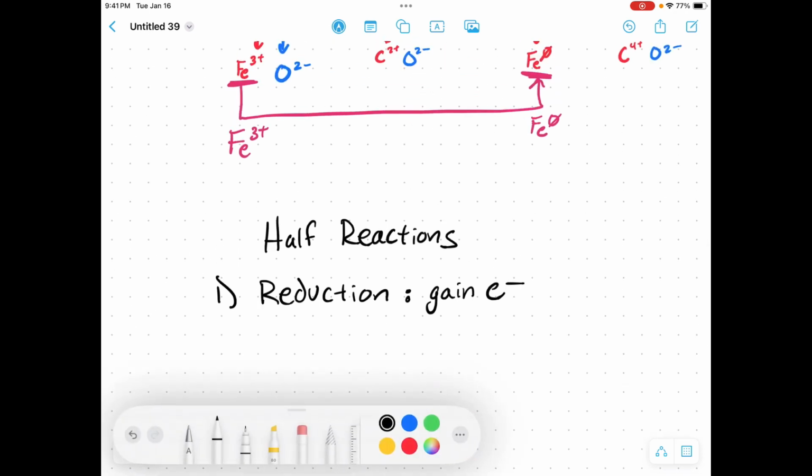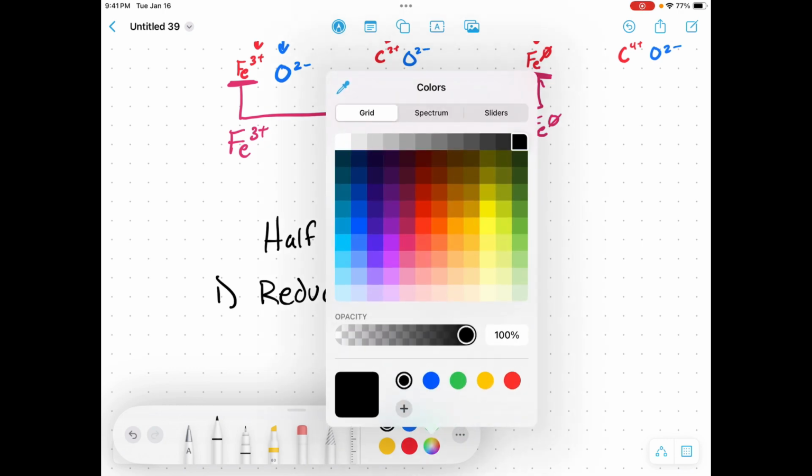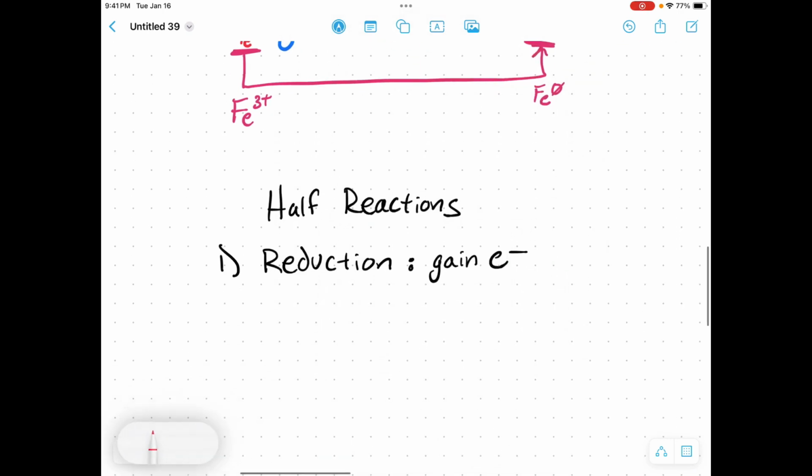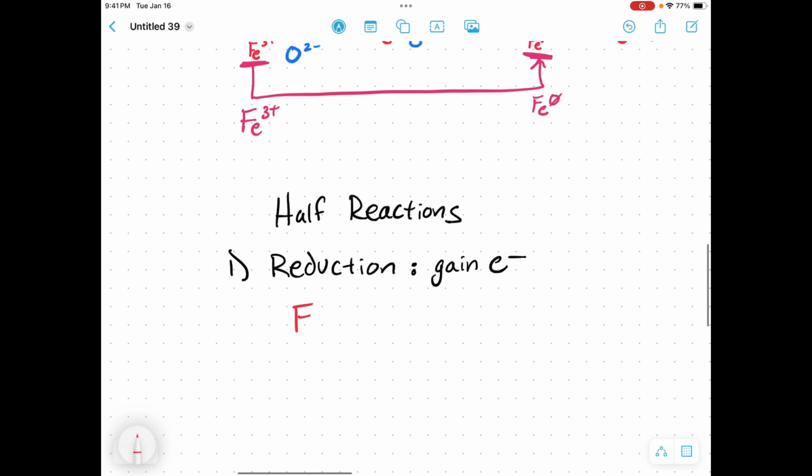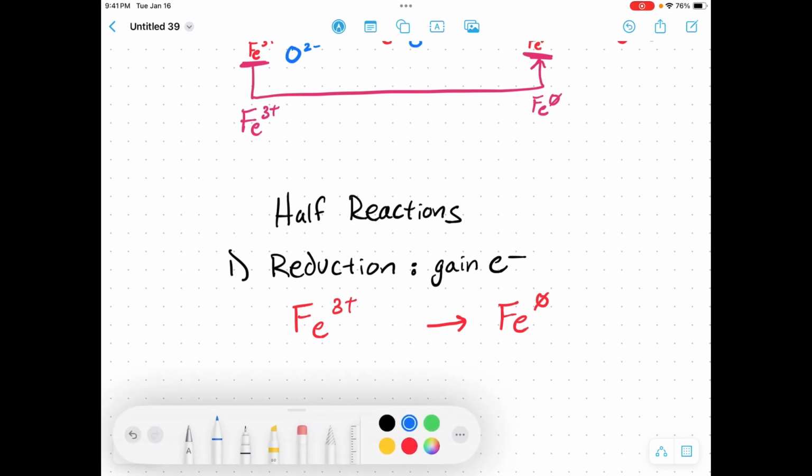So let's focus on this iron part. For iron, we had Fe3 plus, we had our reaction arrow, and then we had Fe there with 0 charge. How did we get there?